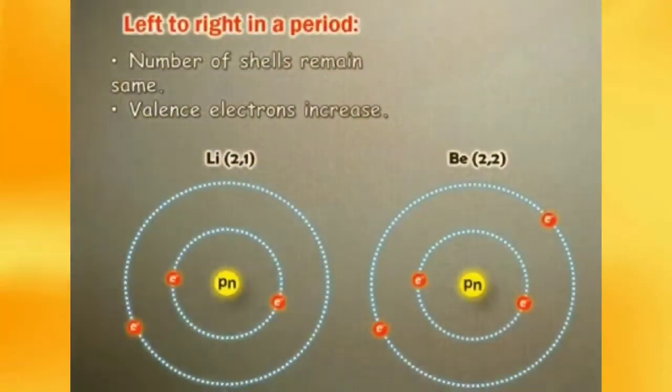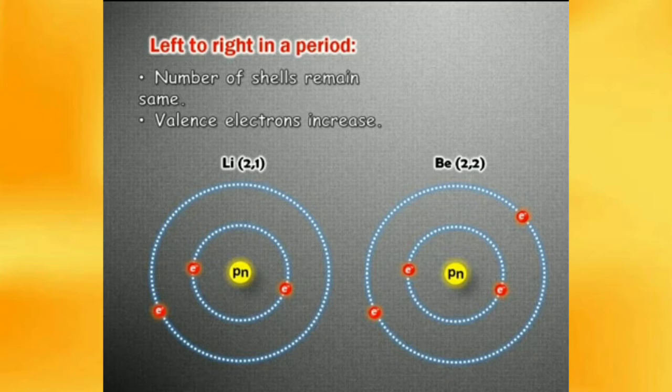Children, now if we observe the elements from left to right in a period, what is happening? The number of shells remains the same. Look here in lithium, what is the electronic configuration? 2, 1. So it will have two shells, right? In the first shell, 2 electrons, and in the second, 1 electron, the outermost shell. In beryllium, the electronic configuration is 2, 2.